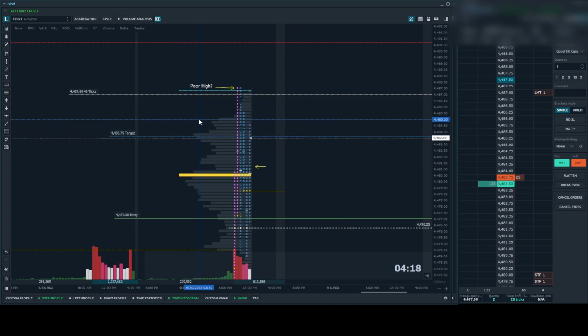You can also see the edge of the volume profile right here, pretty much, where it starts to fade off. So there could be an argument to take it there, but I'm consistently thinking of fixing this poor high.